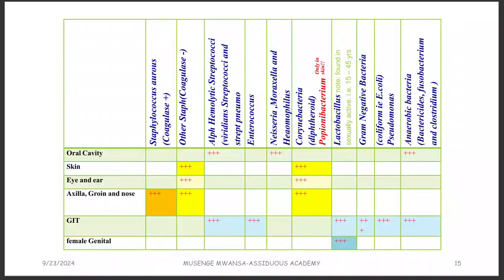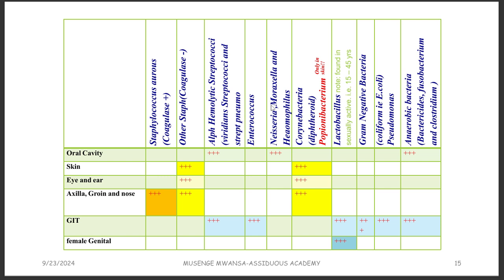This table summarizes the kinds of bacteria found in each location. For the oral cavity, you have alpha hemolytic streptococcus, these are the Streptococcus viridans and the Streptococcus pneumoniae.